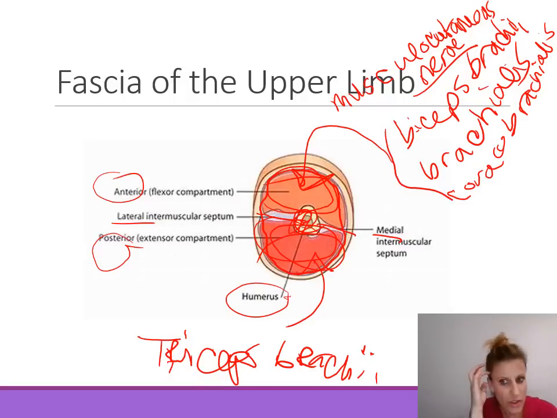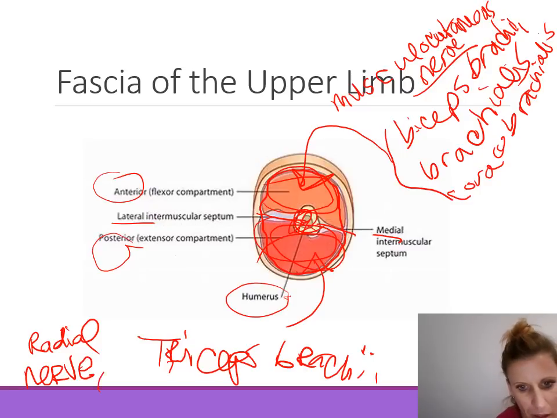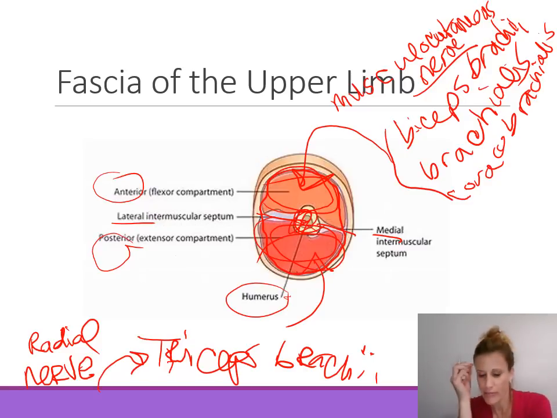Okay, so the musculocutaneous nerve innervates the anterior compartment. The radial nerve innervates the posterior compartment, and so controls triceps brachii.